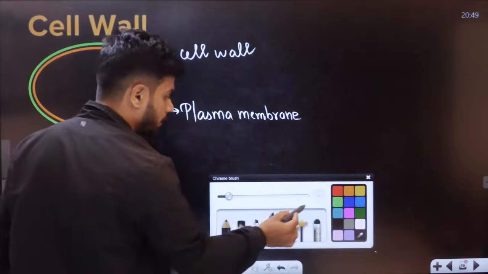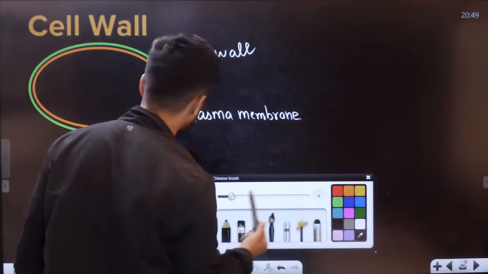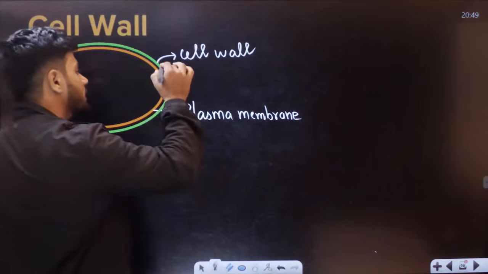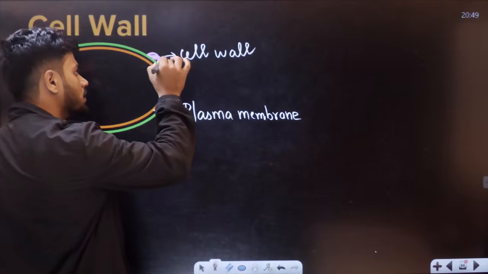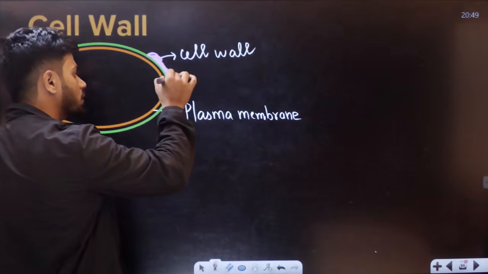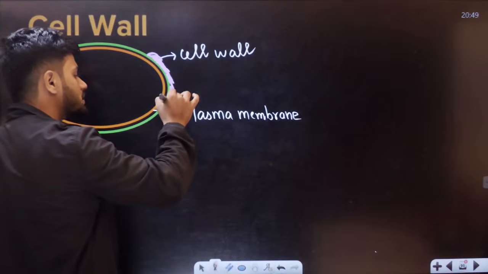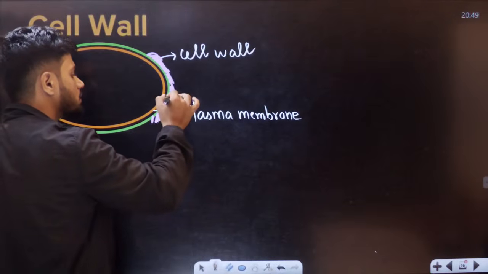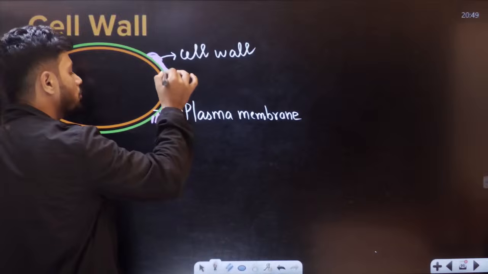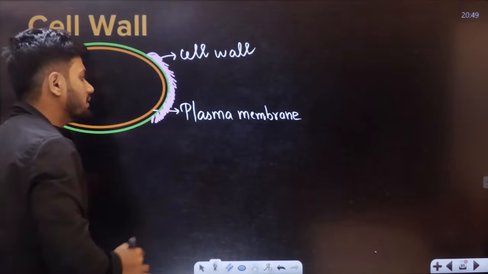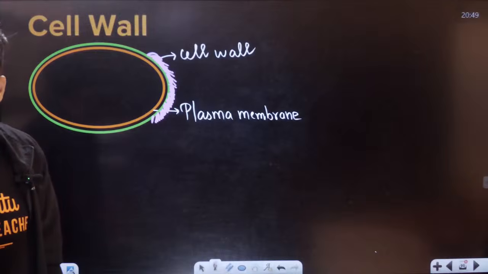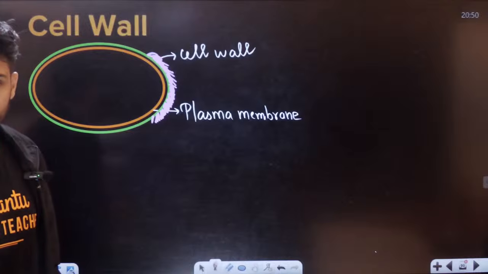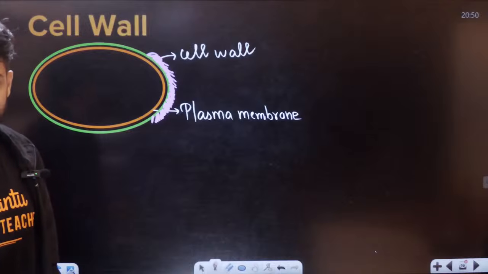Now, students, in the case of certain algae, even outside the cell wall, there is one more layer. It is like a moisturizer. Can anyone tell me what this moisturizer around the cell wall is?